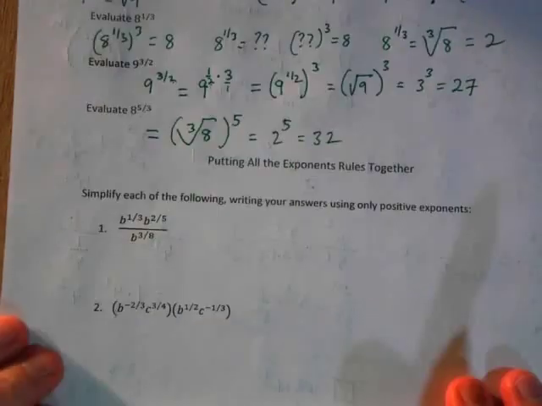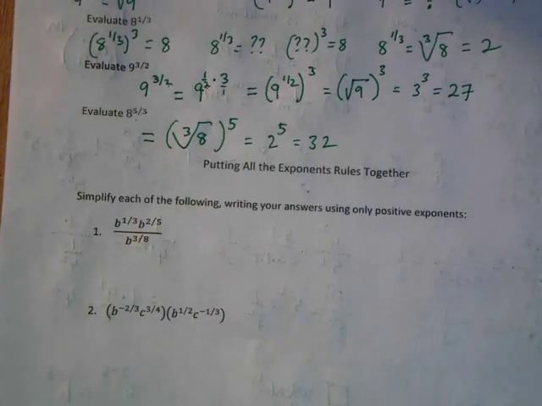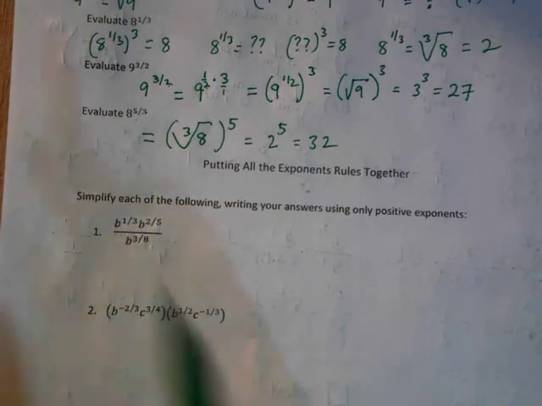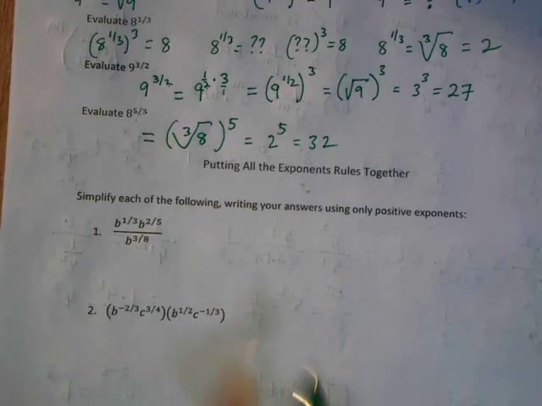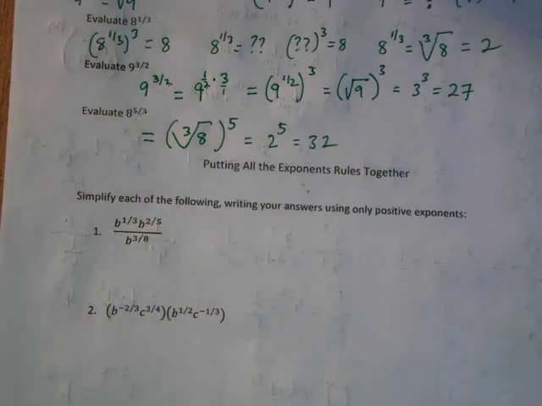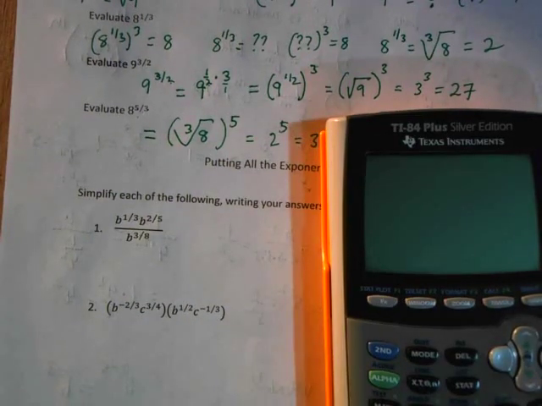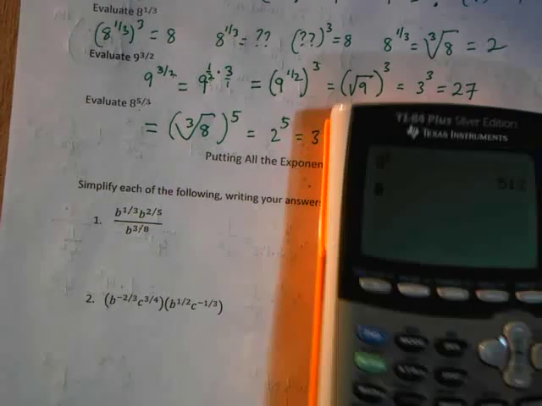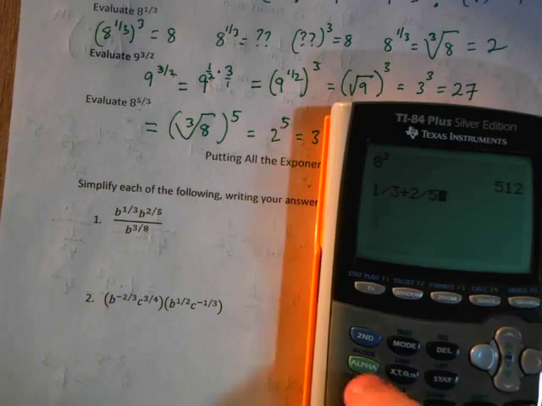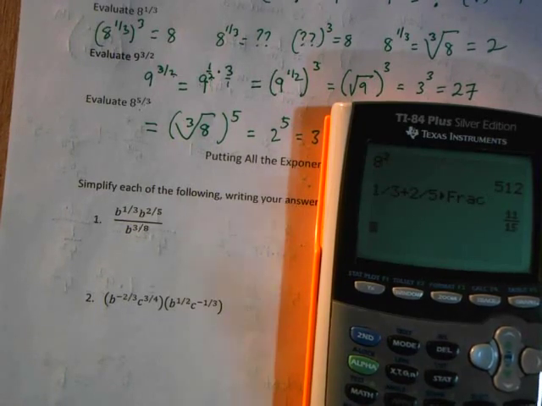Okay, let's simplify. Going back to what we did before, we know that when we multiply two things, we add our powers. What's not fun is now we have fractions. So we have to do 1/3 plus 2/5. Well, that's what calculators are for. 1/3 plus 2/5, and give me the answer as a fraction.